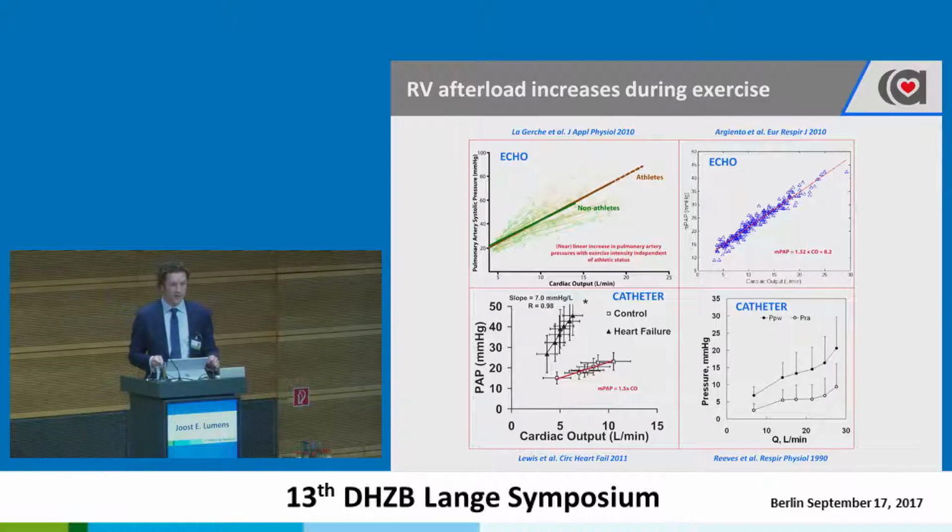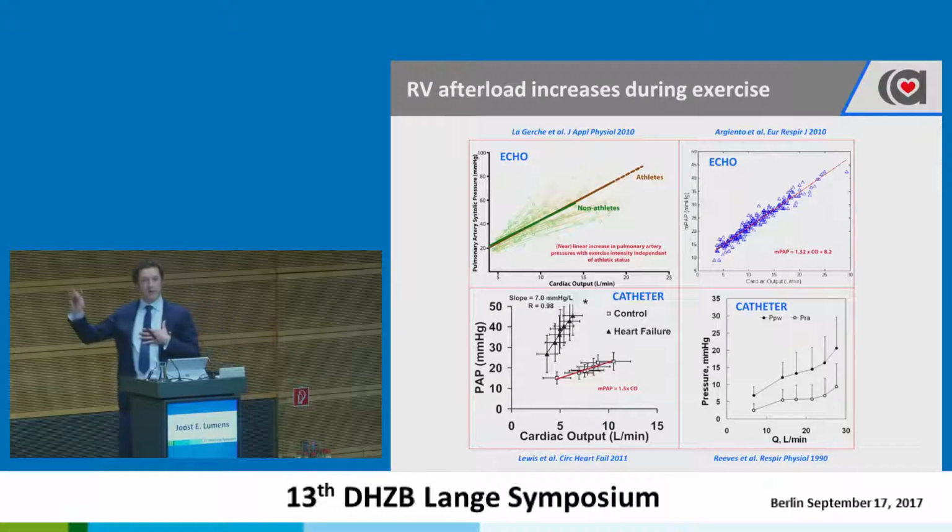And there is quite some evidence, and here are a handful of papers, showing that pulmonary artery systolic pressure really increases dramatically with increasing cardiac output. And these are healthy people. These are athletes and non-athletes, and they show the same relation on average, albeit that individual differences do exist.